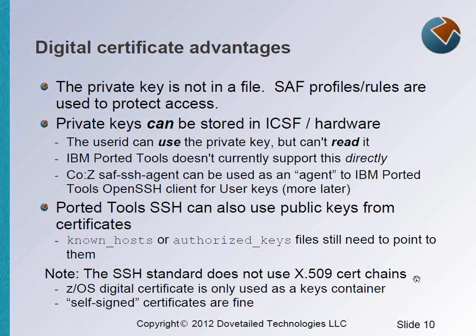So even though what we're doing is storing the SSH key material in an X509 certificate in RACF, when it comes down to it, Ported Tools is not using X509 protocols across the wire to do certificates. So that means you don't have to worry about setting up a certificate authority. And in fact, for purposes of using keys in OpenSSH, self-signed certificates are just fine. Certificate authorities and CA chains, those kinds of things, are not really used by OpenSSH at all, right?